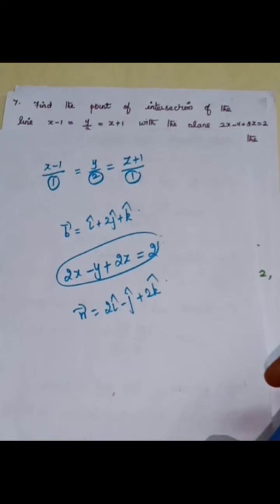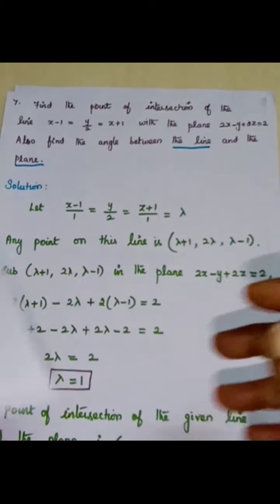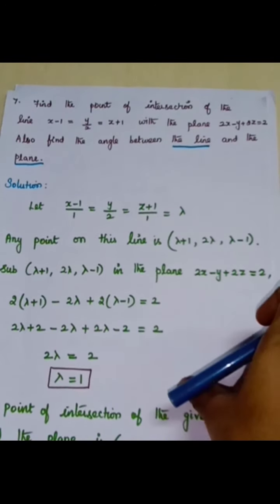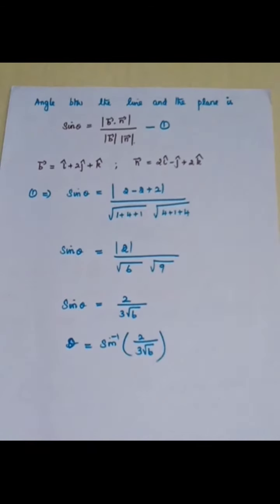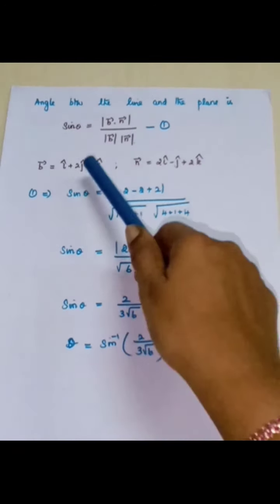B vector is from the line and n vector is from the plane. After taking them, you have to substitute in the formula: sin theta is equal to modulus of b vector dot n vector divided by modulus of b vector modulus of n vector. So you have to take the dot product between them.